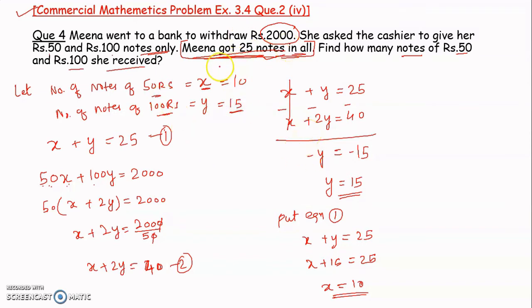So if you check, 10 notes of 50 rupees, so total rupees will be 500 and 15 notes of 100 rupees, so total rupees is 1500. So we got total amount 2000. Okay. Let's move to the next question.